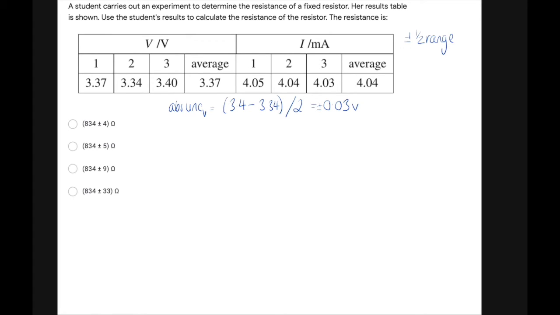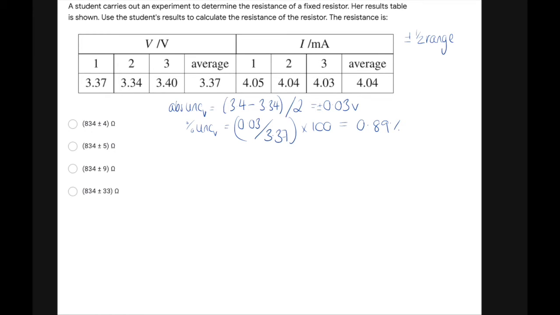If we turn that into a percentage, the percentage uncertainty in V is that 0.03, divided by the average of 3.37, times 100, giving a percentage uncertainty of 0.89% in our value of V.